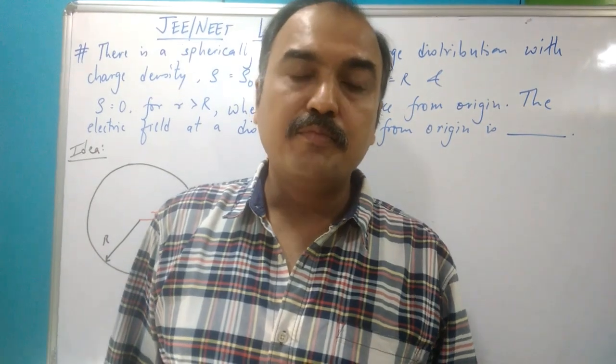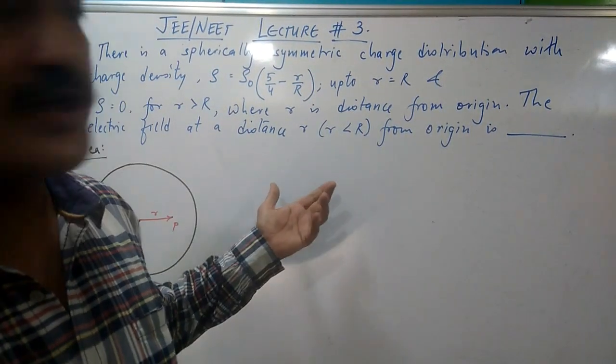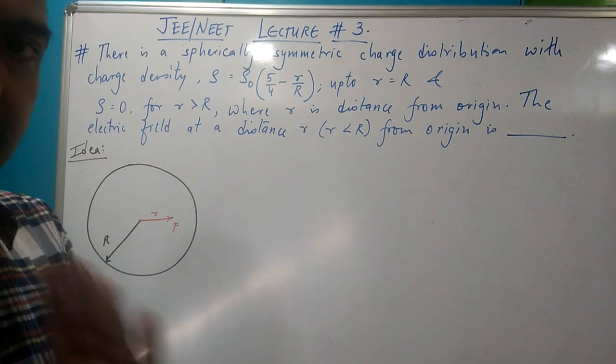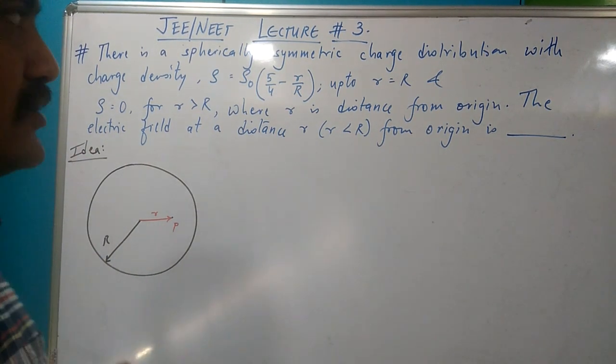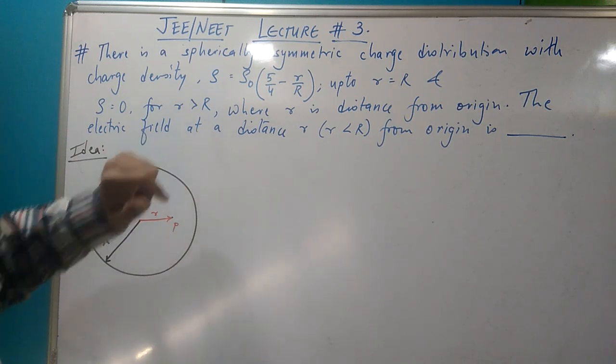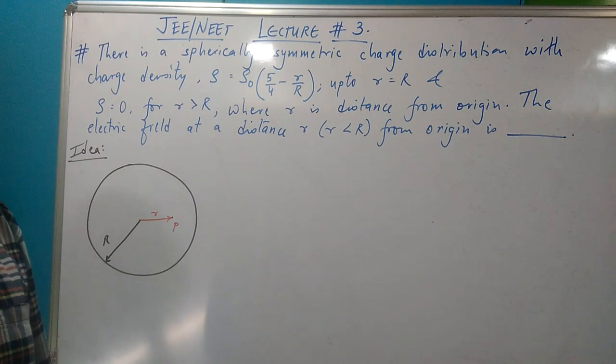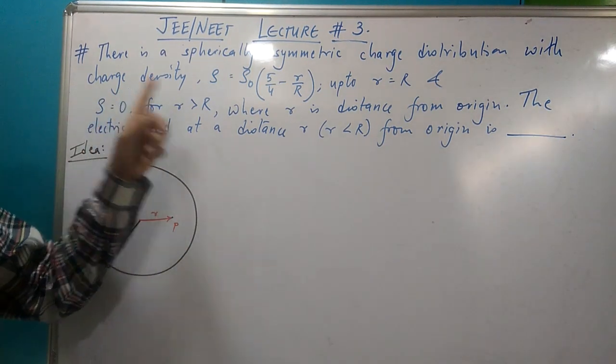Now I present the $1 million sum, which is a very lovely sum, a little bit technical, a Gauss's law sum, a very important sum this. Let me show you. There is a spherically symmetric charge distribution having charge density.